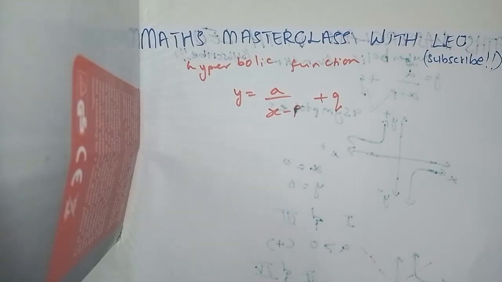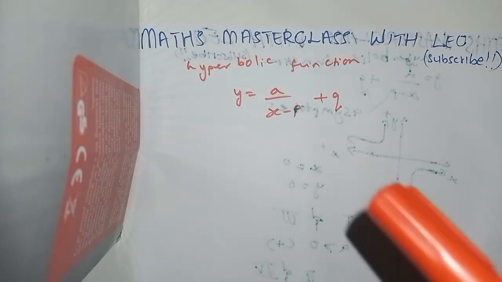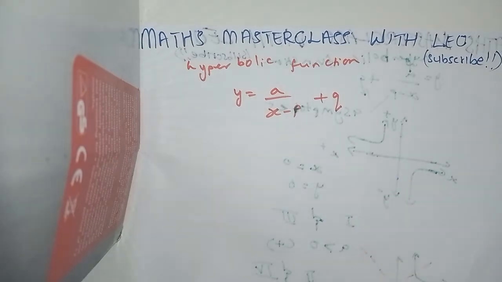The asymptotes are the two lines that our graph will never touch. The graph will approach the two asymptotes, moving closer and closer, but it will never touch them in any way.